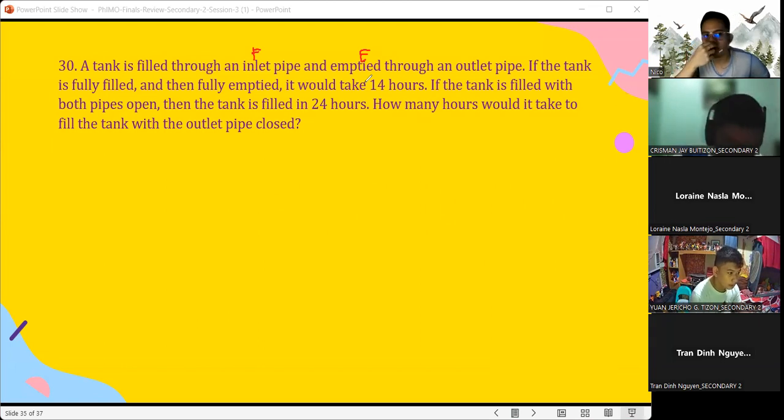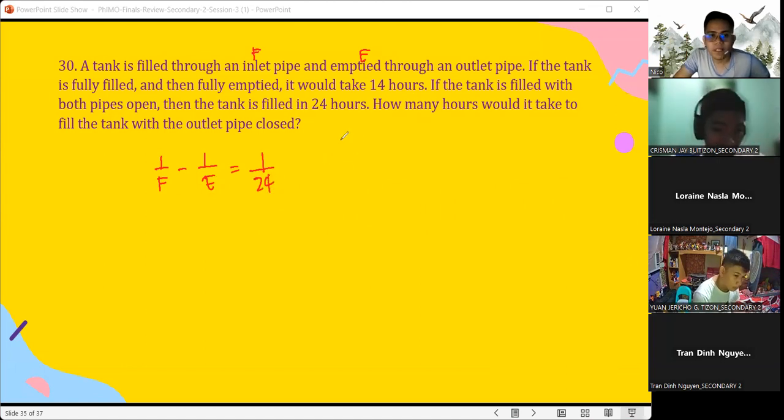If the tank is filled with both pipes open, then the tank is filled in 24 hours. So meaning, the rate of filling the pipe minus the rate of emptying the pipe, you'll get 1/24, right? But if the tank is filled plus the tank is emptied, it will take 14 hours.